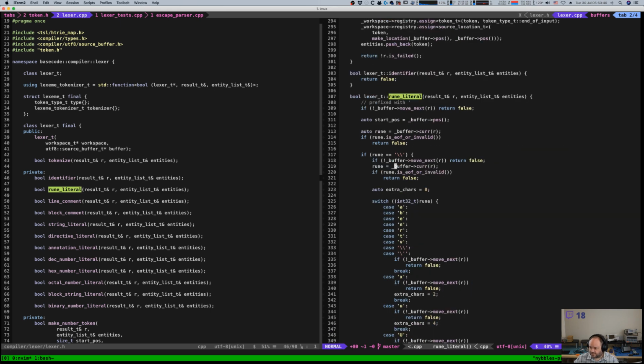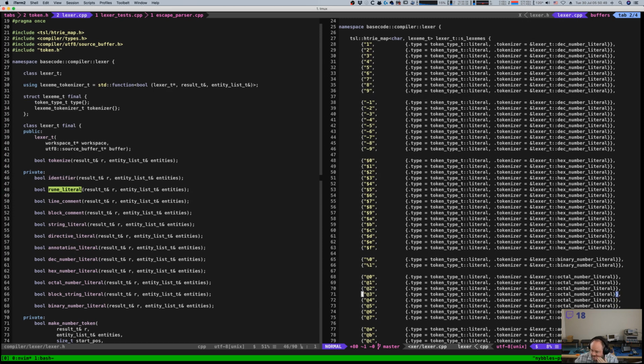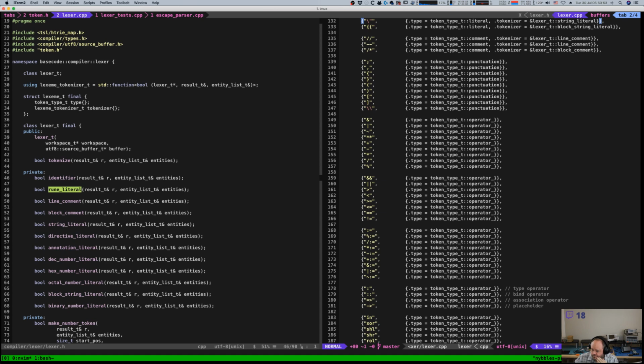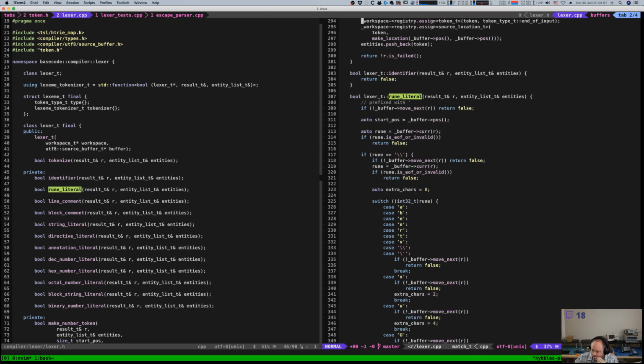So identifiers are, I think, going to be fairly easy. Identifiers are basically anything that's not a keyword, not an operator.